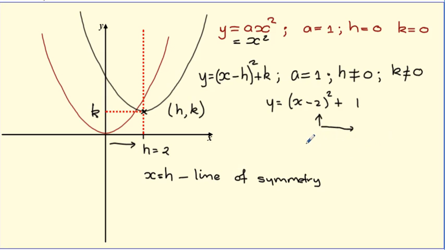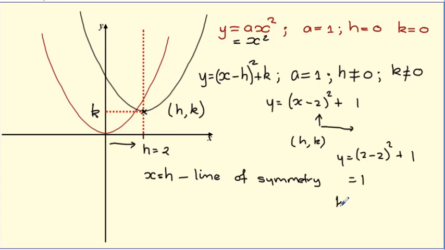And now, knowing that (h, k) is the turning point, to calculate the value of k we simply substitute x by h. We write y equals (2 minus 2) all squared plus 1. Then we get 0 and 1, so our y becomes 1.